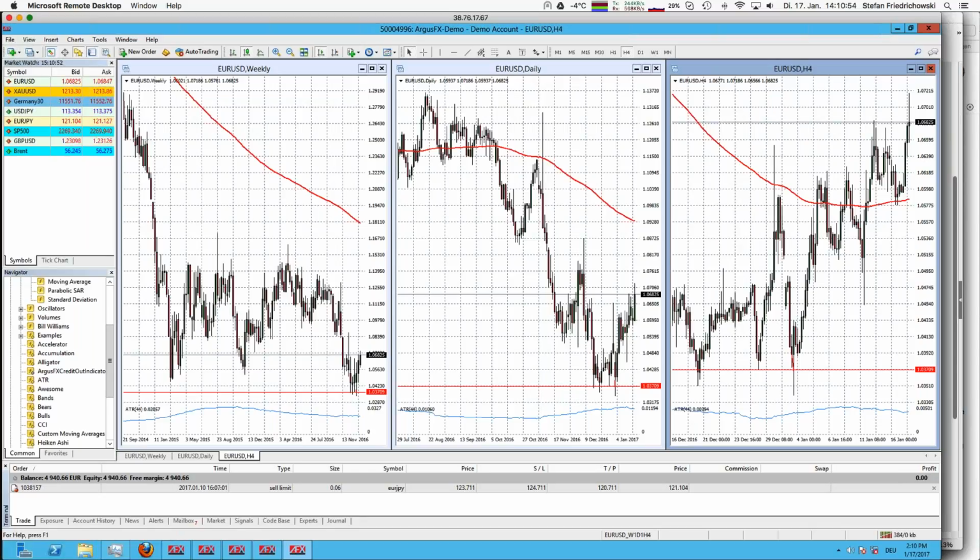Within the H4 chart, we will place our trades, but we use the other two, weekly and daily, in order to identify the overall trade direction, so the flow of the money for that specific underlying.